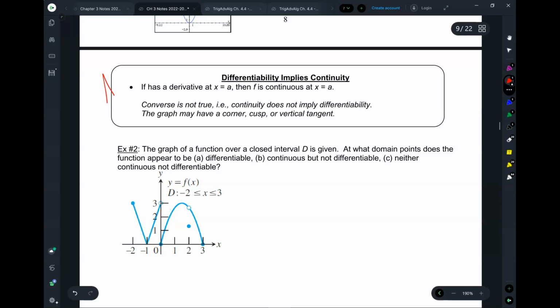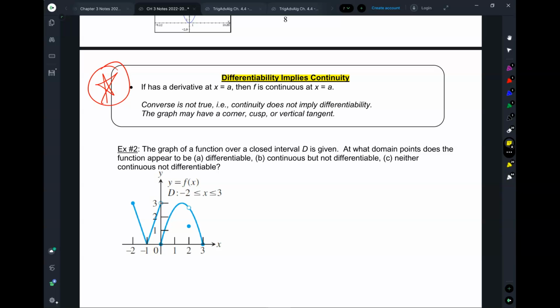Let's put a star next to this, because this is one of the most important theorems that we're going to come across. Differentiability implies continuity. That means if a function is differentiable at a certain point, then by default, it's continuous at that point.